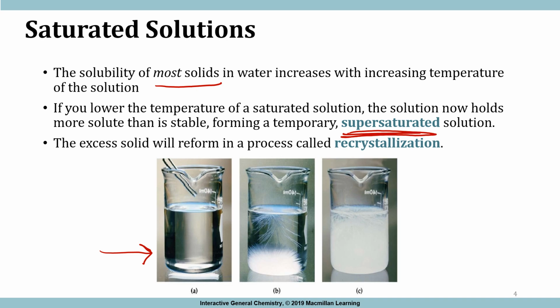That's an example of B and C. When it recrystallizes, it's turning back into a solid. So whatever can be dissolved or is saturated is still going to be dissolved, but everything else is going back to a solid state. So in these two solutions, if I was to ask whether this is unsaturated, saturated, or supersaturated, if it's recrystallized, it is now just saturated.